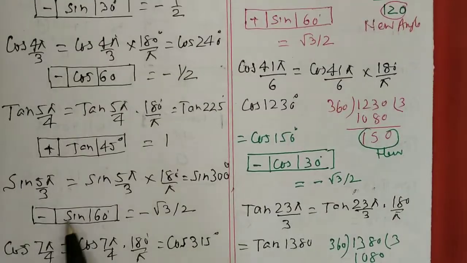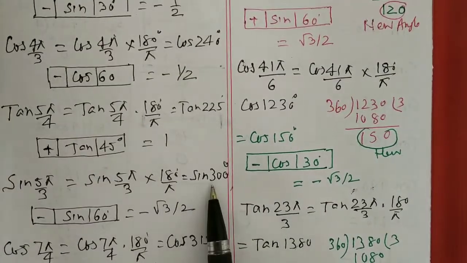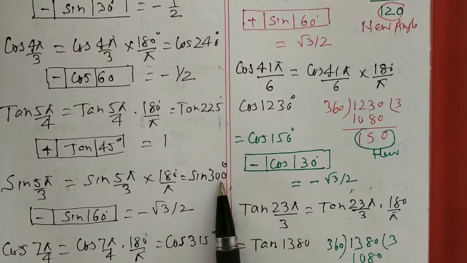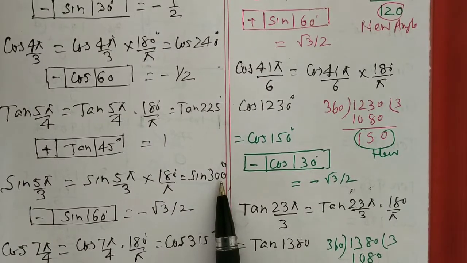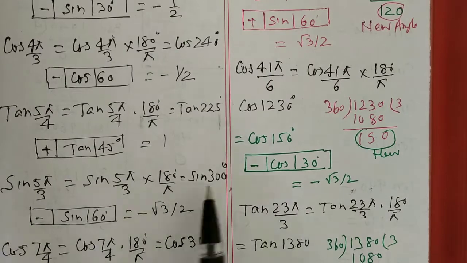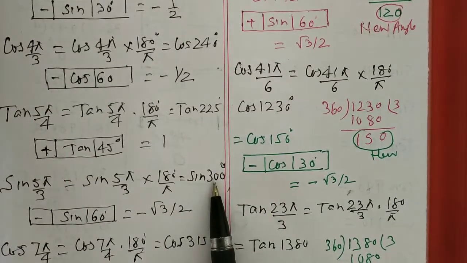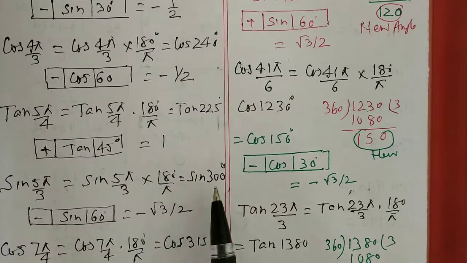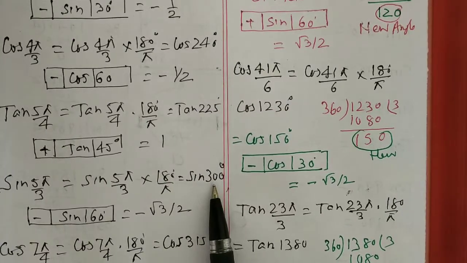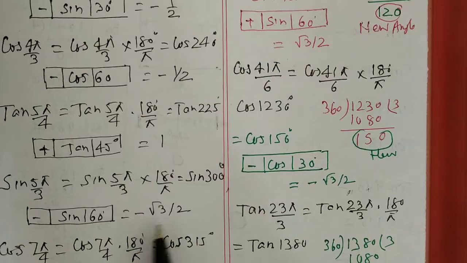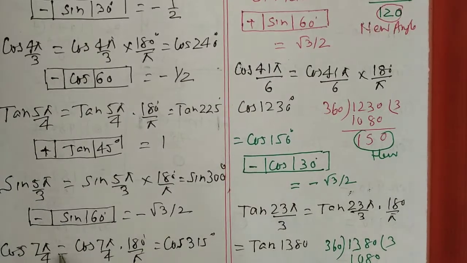Sine 5 pi by 3 is converted to sine 300. Sine 300 belongs to the fourth quadrant where only cos is positive, so sine is negative. So sine remains sine. 300 is deviated from 360, not from 180, because 300 is nearer to 360. So this is minus sine 60, minus root 3 by 2. Cos 7 pi by 4.